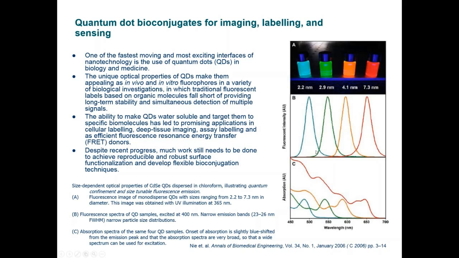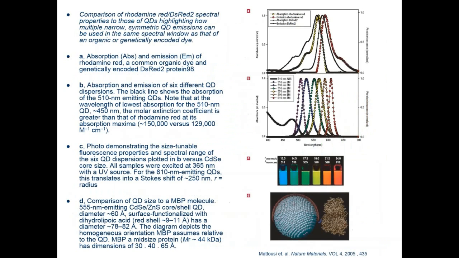As you can see here, by varying the size of the nanoparticle or quantum dot, you get different emissions. Furthermore, the surface itself can be functionalized or bioconjugated to have some specific biomarker application.